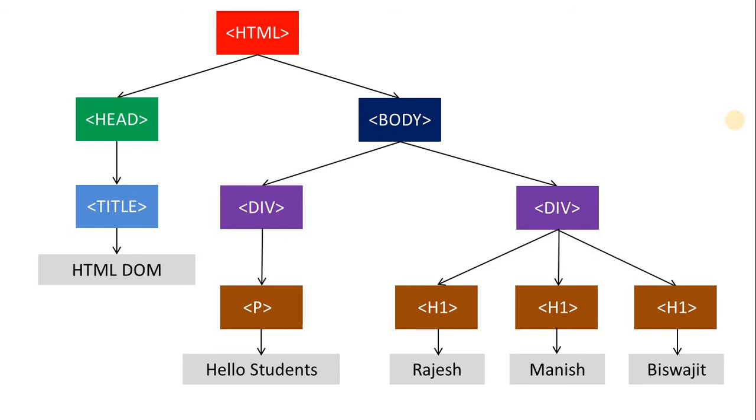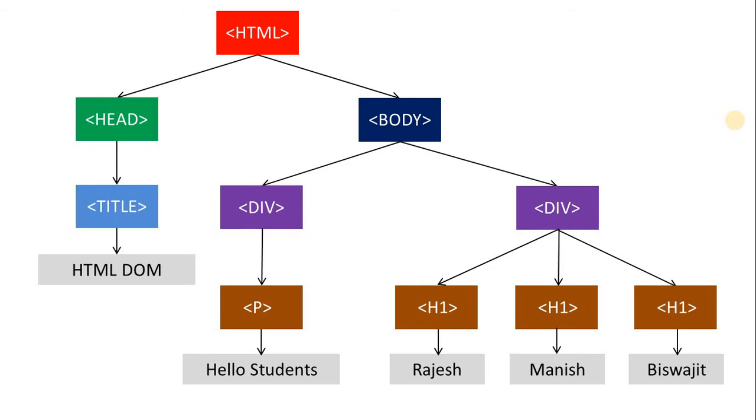Under the head we have title, and inside the title the name HTML DOM has been printed, and the other part is body. Inside body we have two divs. In the first div we have the paragraph tag, inside the paragraph tag hello student, that is the text, and inside the other div there are three heading tags. So you have understood the nested formation of the structure.